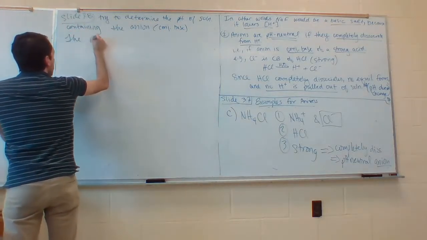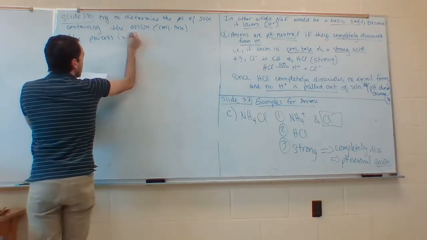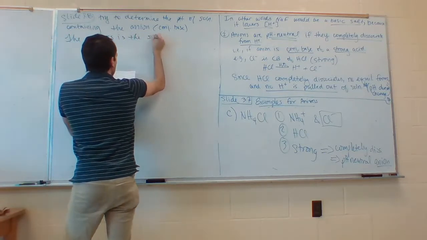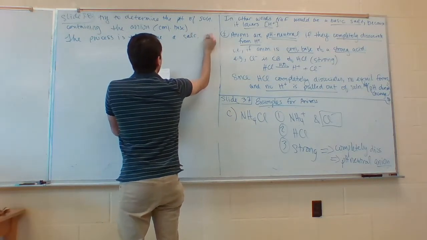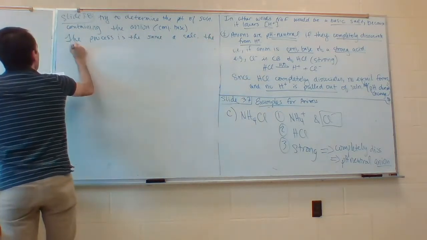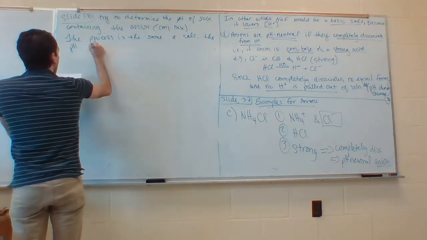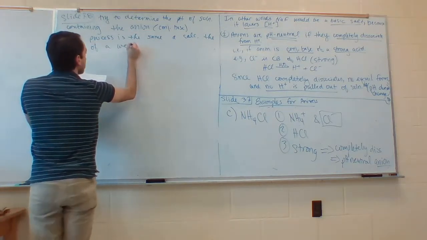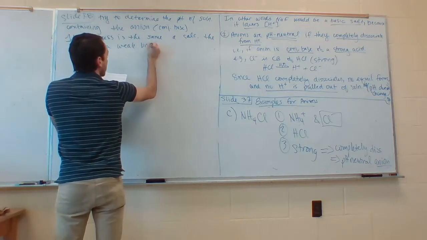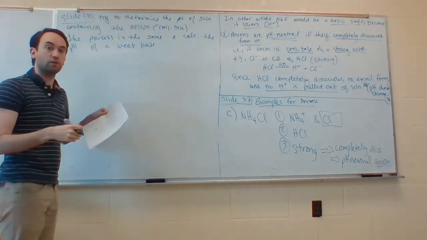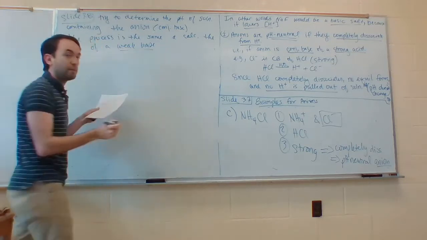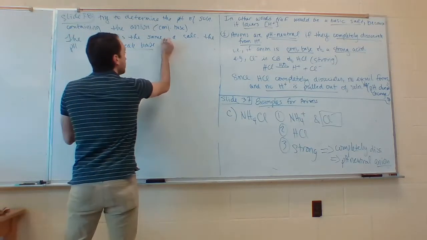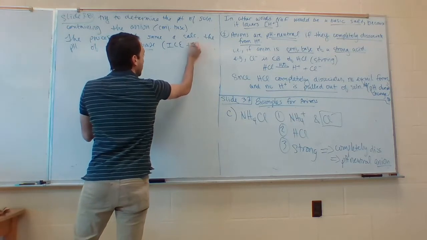Here, the process is the same as calculating the pH of a weak base. So we did those weak base calculations. We had the strong ones where they completely dissociated. We had a weak base problem, which involved an ice table and an equilibrium.